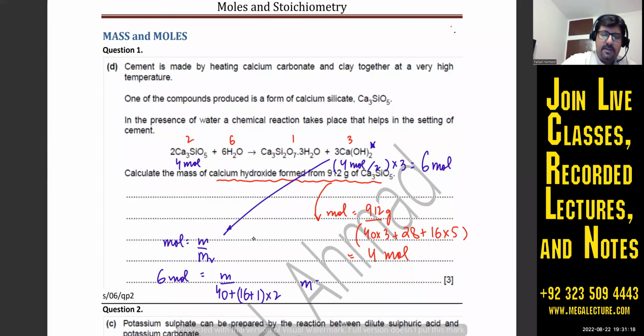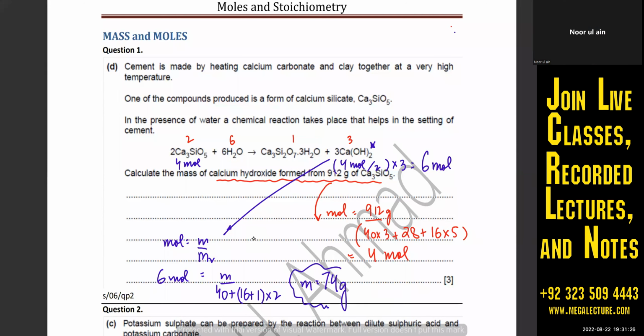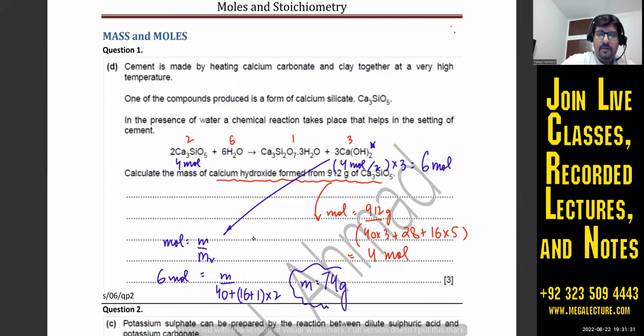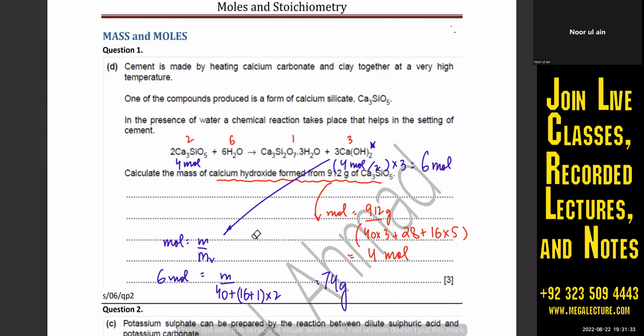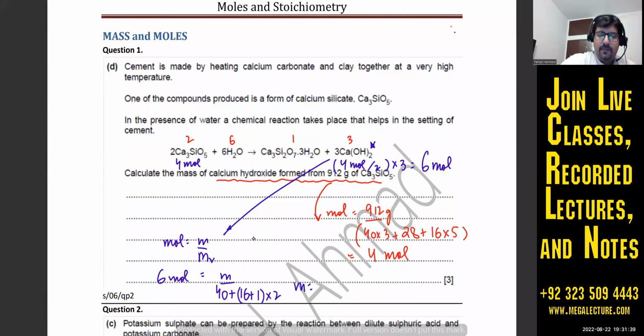So that means Mr is equal to 74, right? So the total answer is 444. It's actually 444. The answer to this is, the mass comes out to be 444 grams.